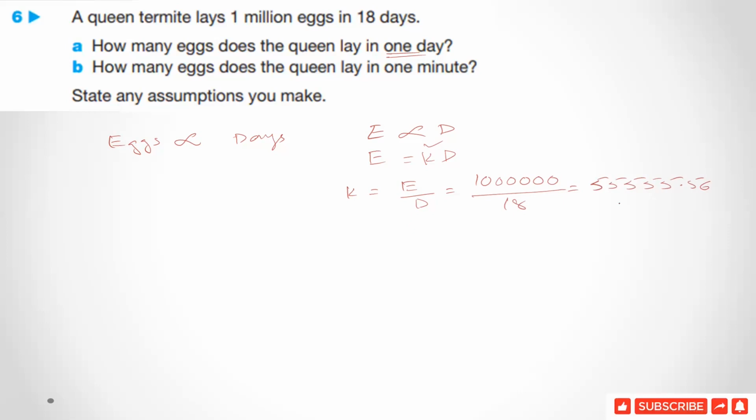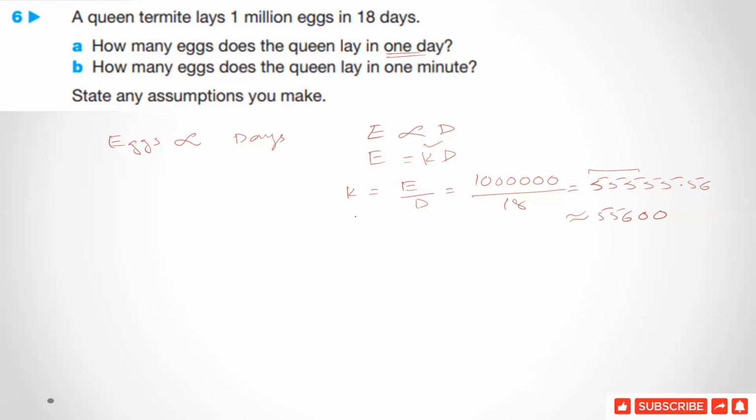But for our ease, we cannot go for these decimal ones, so we can round it to 3 significant figures. Because the next digit is 5 again, I can write 556,000. This one is the constant we multiply with.